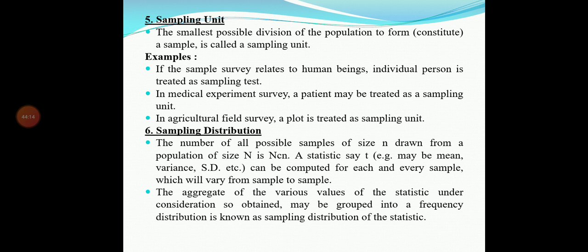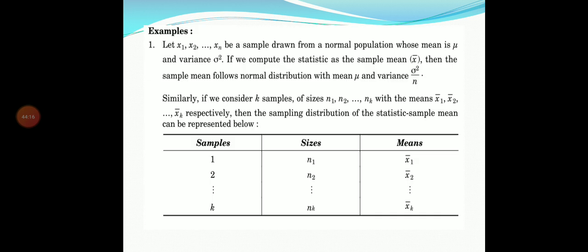Let us see an example. Let x1, x2 and so on xn be a sample drawn from a population with mean mu and variance sigma squared. If the statistic is computed as the sample mean x bar, then it follows a normal distribution with mean mu and variance sigma squared by n.